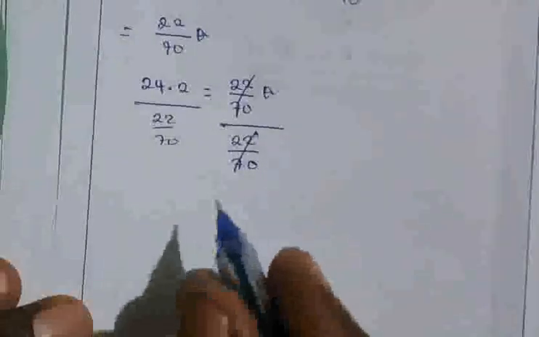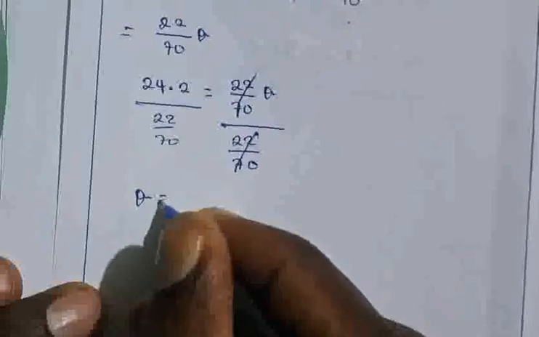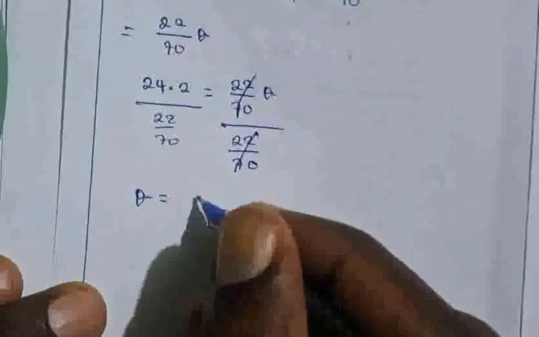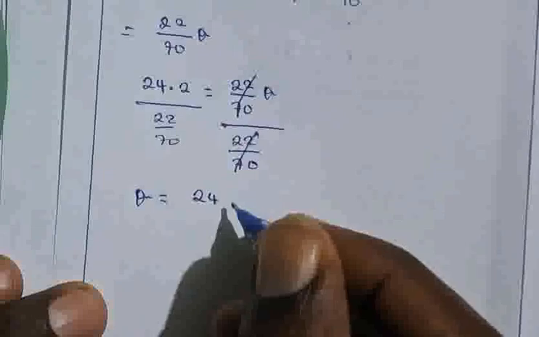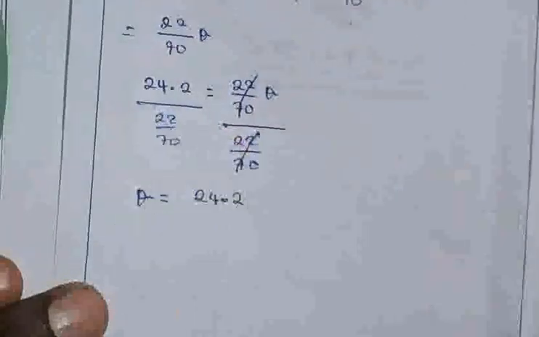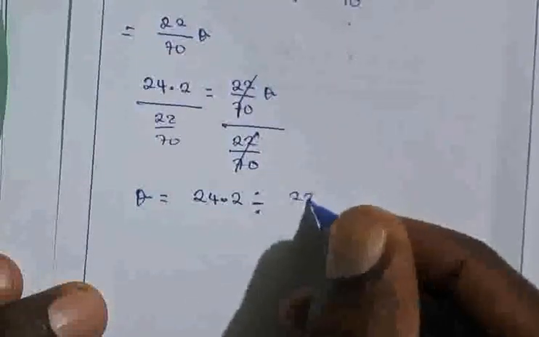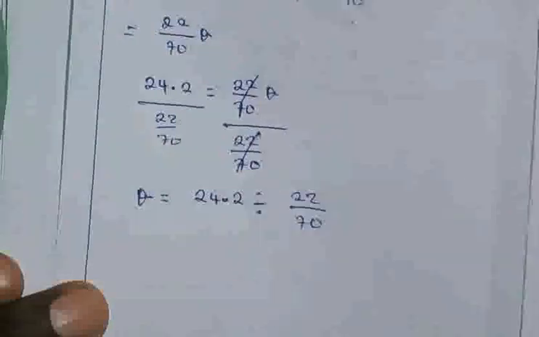So now from here we have theta. We have theta is equal to 24.2. Yeah, let's just turn this one into a division sign. We say divided by 22/70.